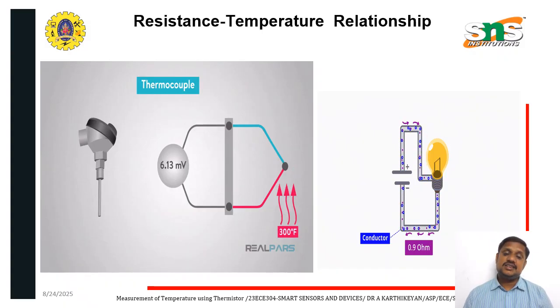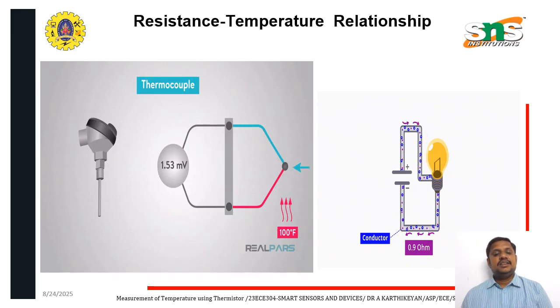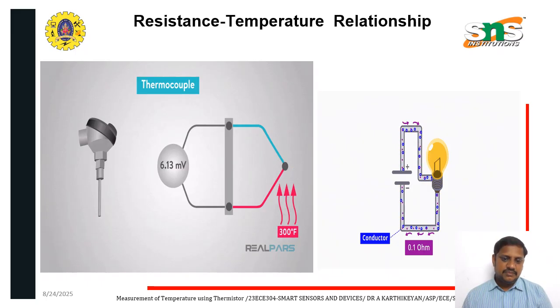Here we have the important values of the resistance temperature relationship. How can we understand it? In the initial stage we have 100 Fahrenheit, and at that time we have 1.53 millivolt. Suppose we have 300 Fahrenheit, we have 6.31 millivolt. We have a thermocouple that we can connect here.